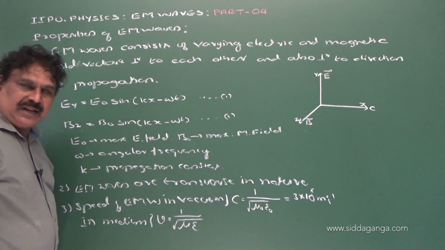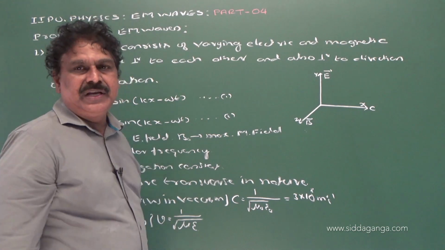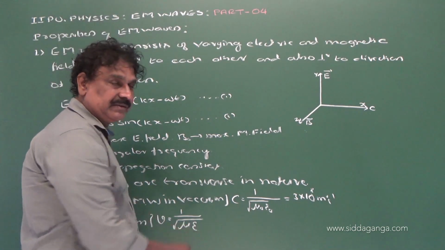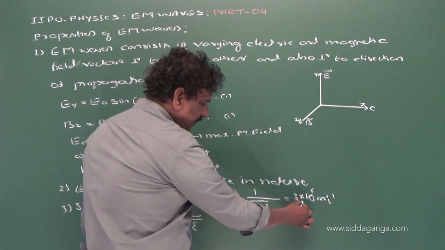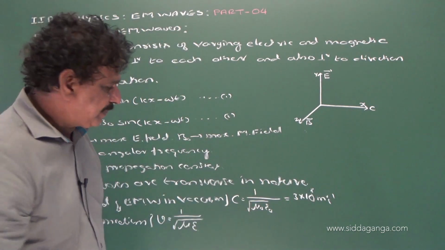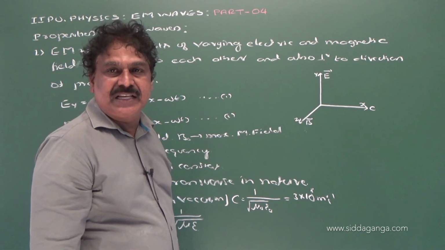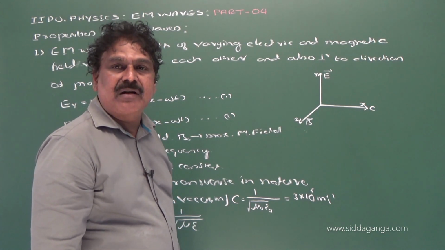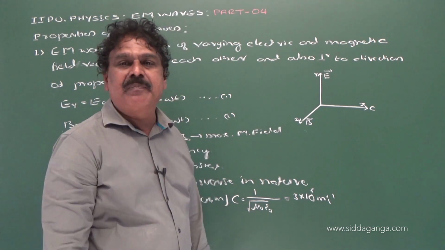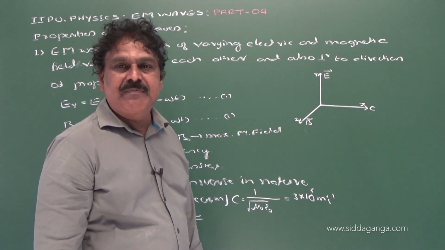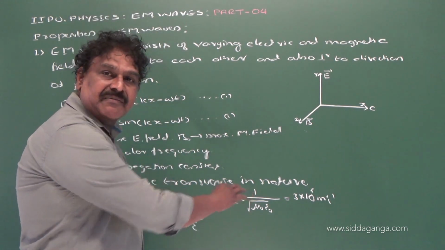Now, the third one. We know that the speed of electromagnetic waves, as predicted by Maxwell's equations, is c equals 1 over square root of mu naught epsilon naught, which is equal to 3 into 10 raised to the power of 8 meter per second, where mu naught is the absolute permeability of free space, whose value is 4 pi into 10 raised to the power of minus 7 henry per meter, and epsilon naught is the absolute permittivity of free space, whose value is 8.854 into 10 raised to the power of minus 12 farad per meter.